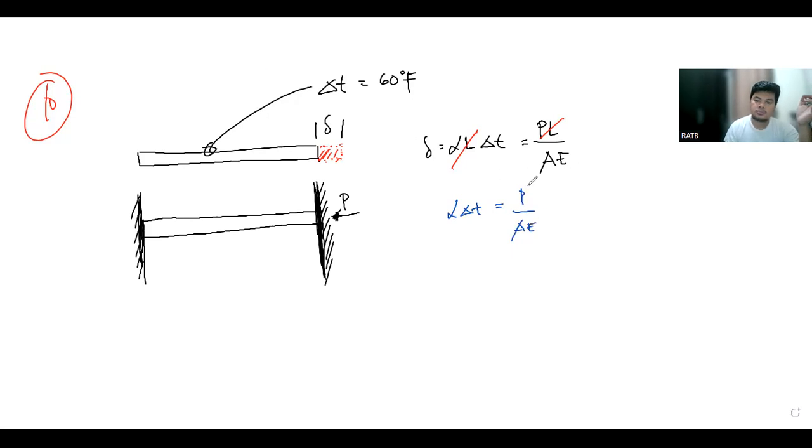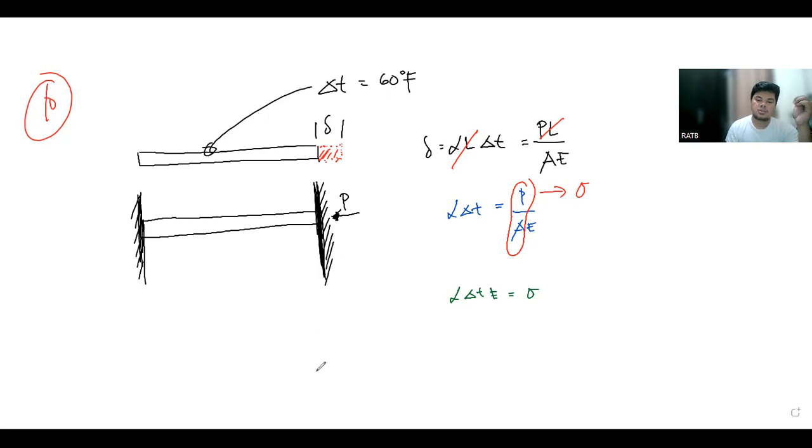And we know force per unit area is stress, such that alpha delta T times E is equivalent to stress.